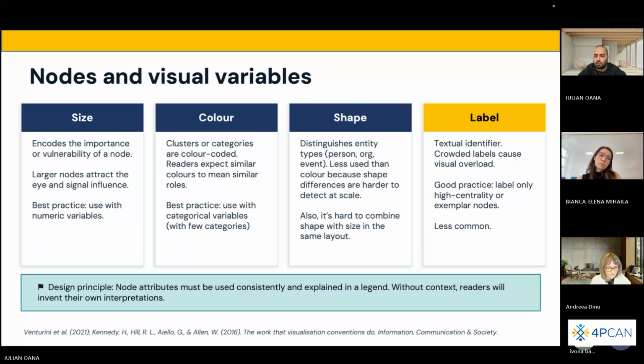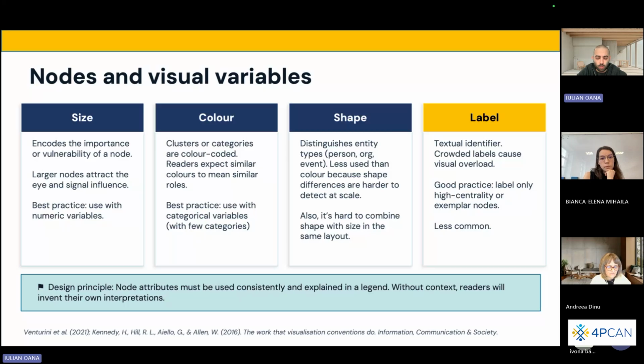So for example, we can color nodes by sex. We mark males with a color, females with a color, or by residency, urban with a color, rural with a color. Why few categories? Again, for not crowding the visual space with too many colors.